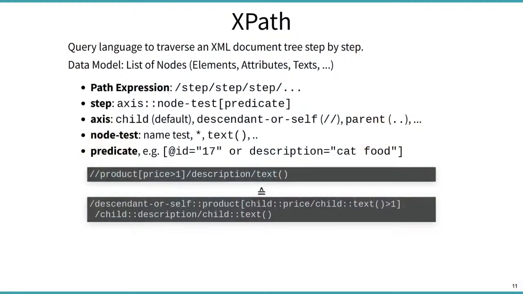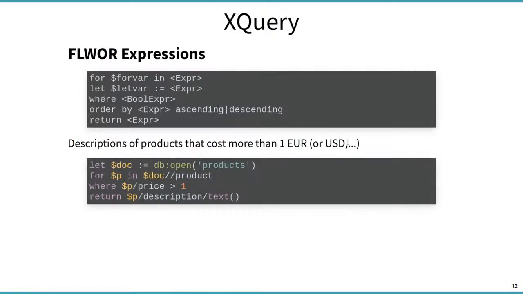And one last slide of another language. What I want to tell you here in this language are FLWOR expressions. The idea was to be similar to SQL. So you see things like a where clause, there's also the order by clause, but they also introduced new clauses. For example, the let clause lets you introduce a variable.